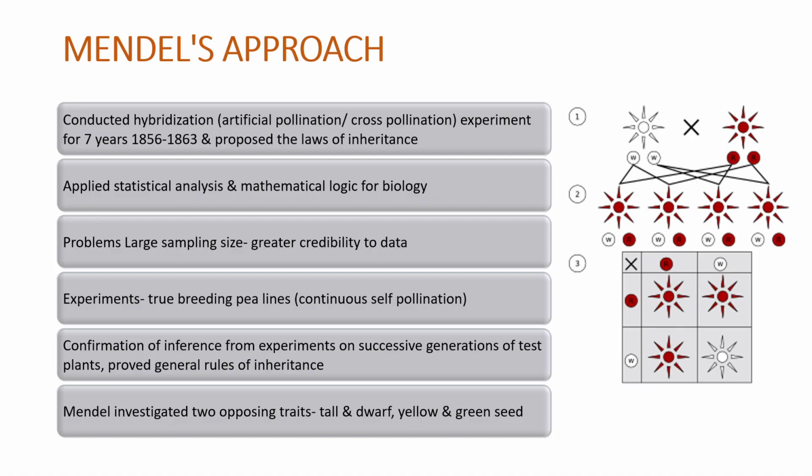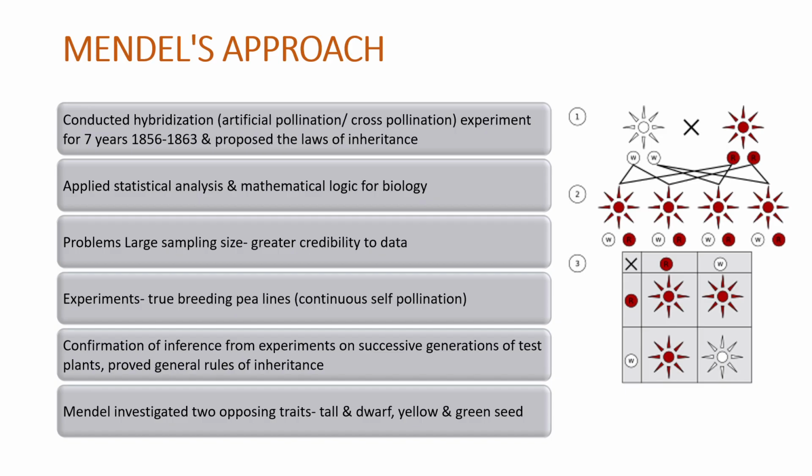In the law of segregation, he said that the characters are determined by different factors which are present in the form of pairs, but at the time of gamete formation, the members of the pairs segregate from each other to go into different gametes. And the law of independent assortment was that the two members of the pair do not depend on each other while segregating.